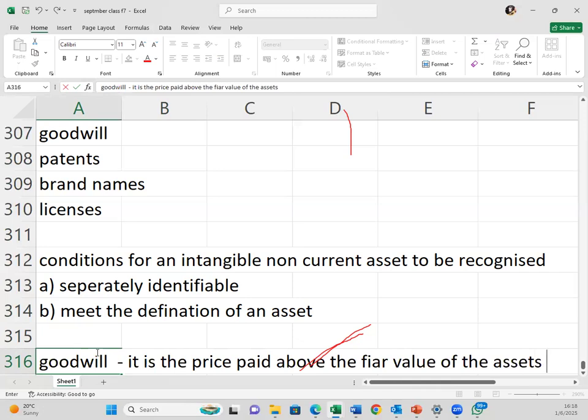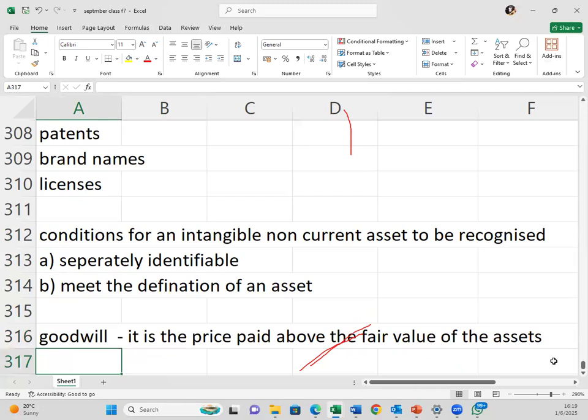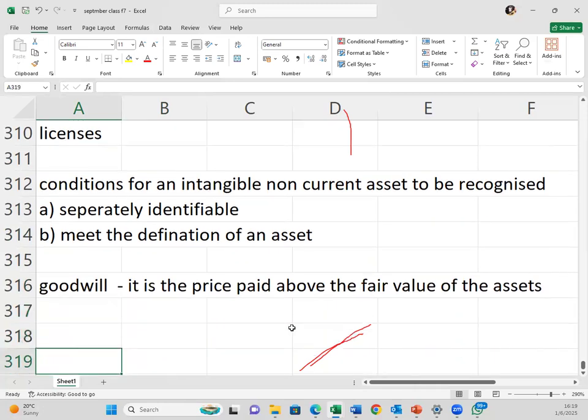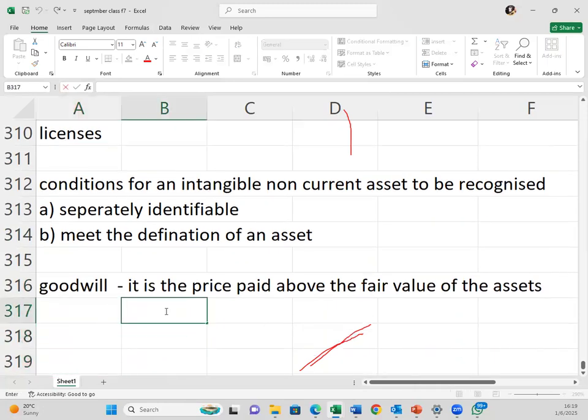The price which we have paid above the fair value of the assets. So if we add up all the net assets of the business, let's say they are 45,000, but they say, okay, if you want our business, you need to pay 60,000.